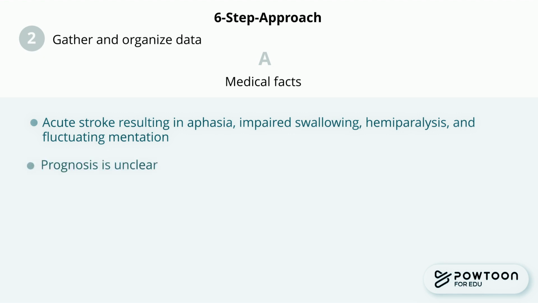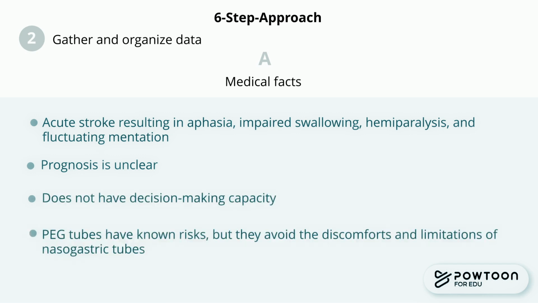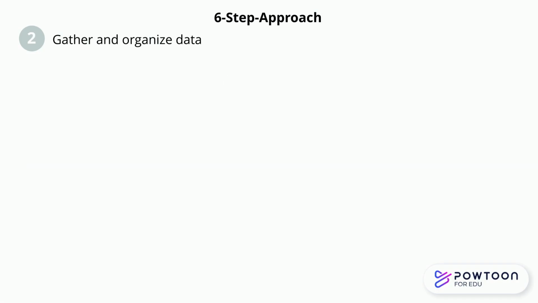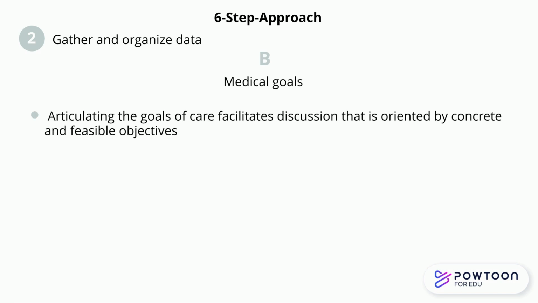Her prognosis is unclear. She doesn't have decision-making capacity. PEG tubes have known risks, but they avoid the discomfort and limitation of nasogastric tubes. Afterwards, the medical goals. Articulating the goals of care facilitates discussion that is oriented by concrete and feasible objectives.